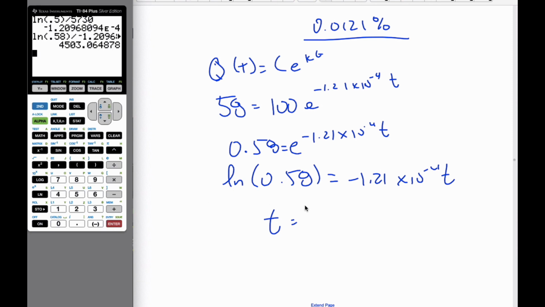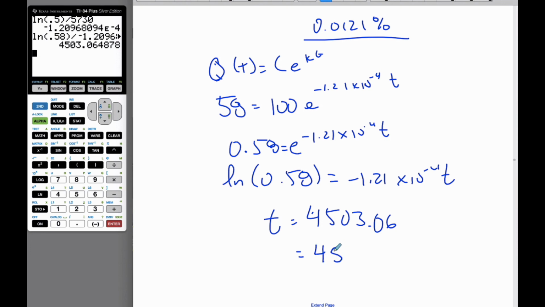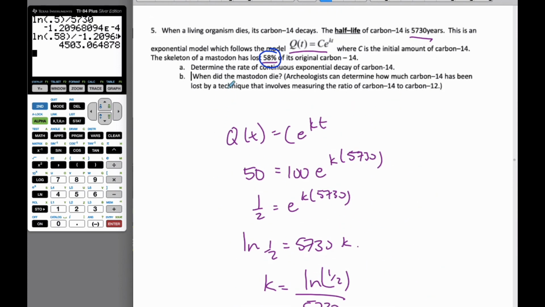And when I do that, I get 4,503.06. So with three significant figures, we can say 4,500 years ago. So when did the mastodon die? Well, it died 4,500 years ago by using this technique of carbon-14.